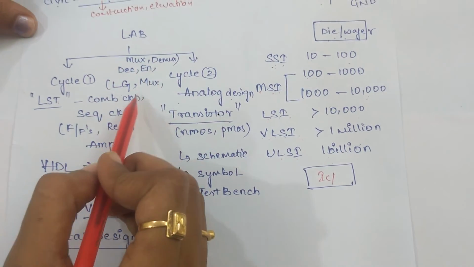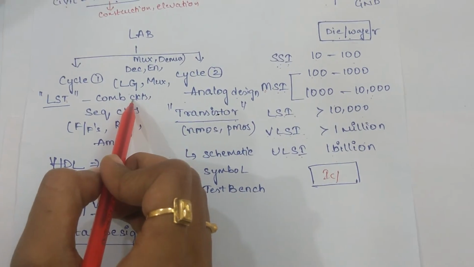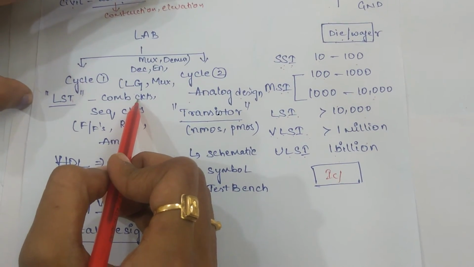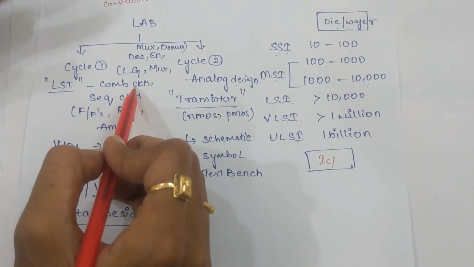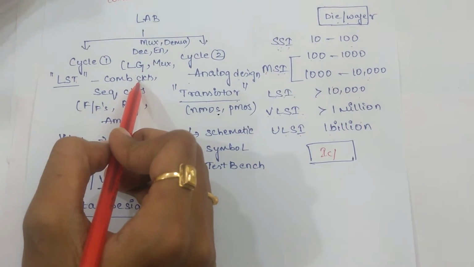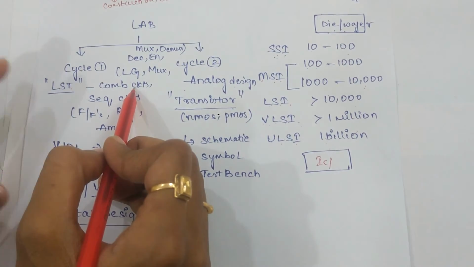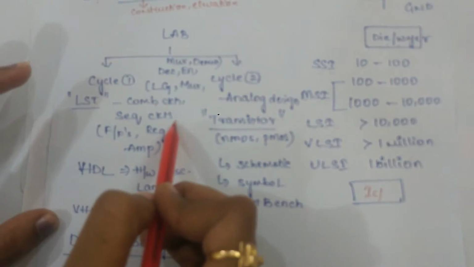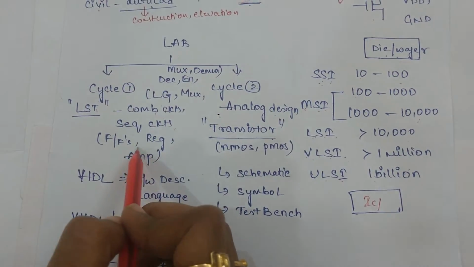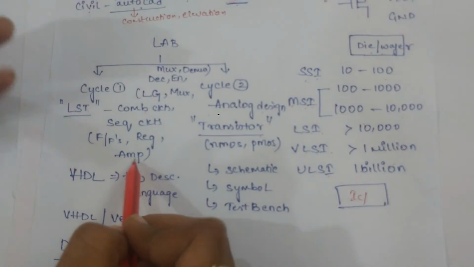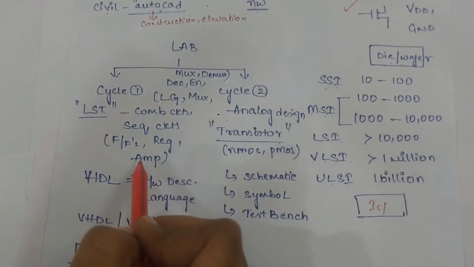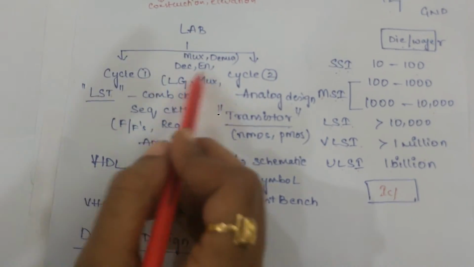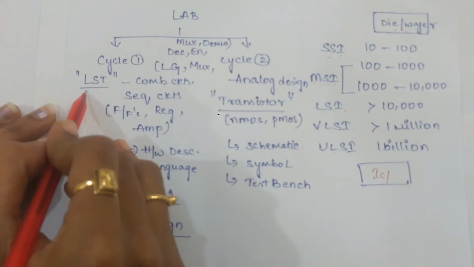Such circuits will be analyzed, designed, tested and verified. Verifying means checking whether your waveform matches the truth table. In the same way, sequential circuits like flip-flops and registers will be verified. It's the same basics that you have studied in the LDC subject.